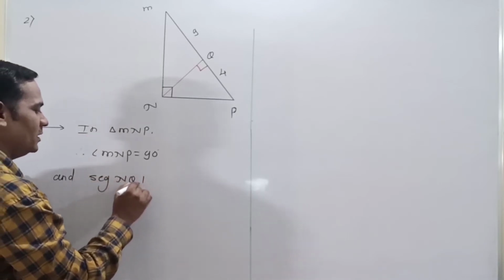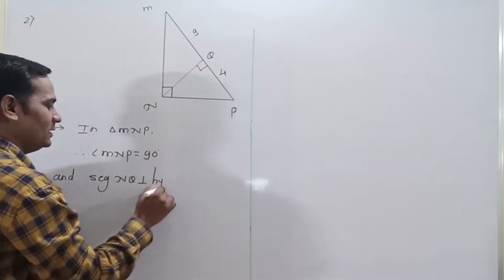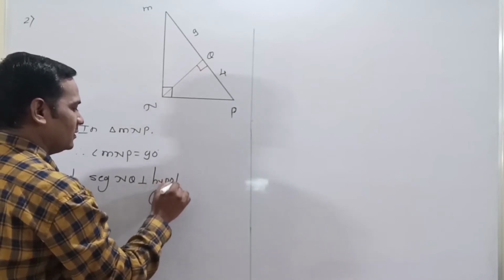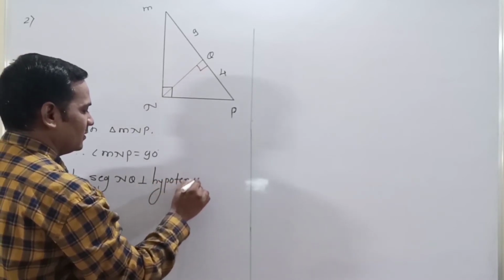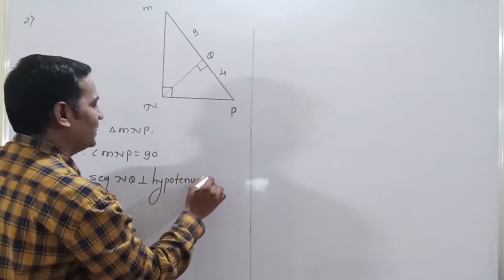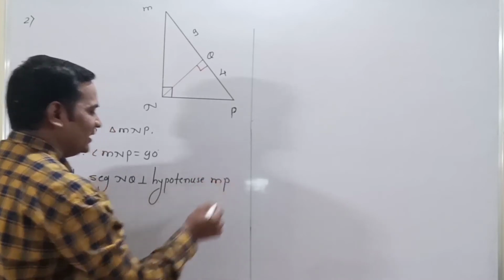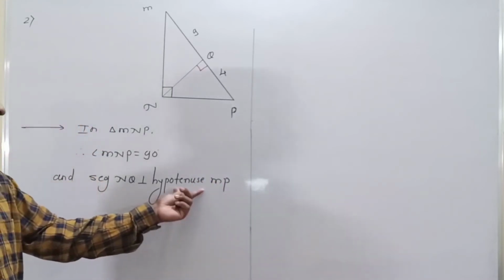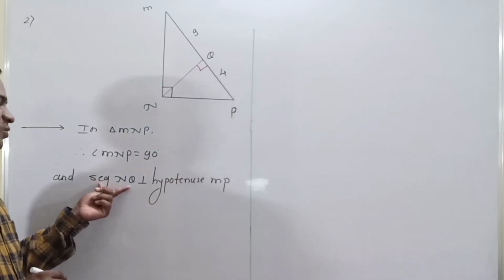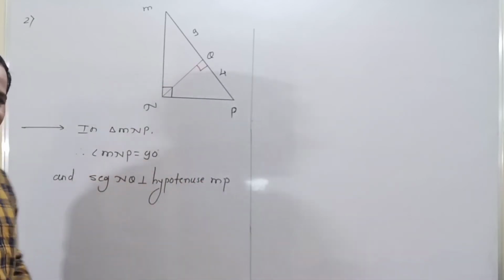And if this angle MNP is equal to 90 degree, and one more thing is given, segment NQ perpendicular hypotenuse. So which is a hypotenuse? That MP. You can write here a segment also. Okay. So segment NQ perpendicular hypotenuse MP.